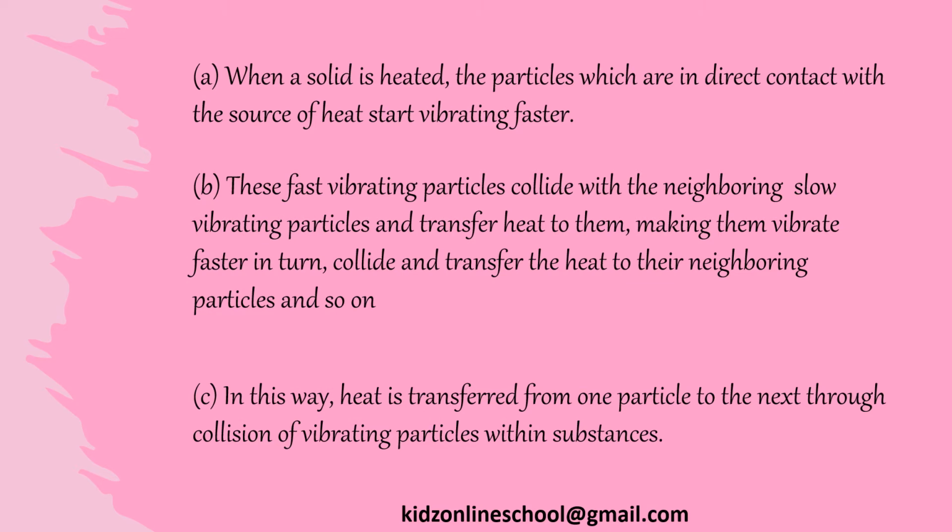These fast vibrating particles collide with the neighboring slow vibrating particles and transfer heat to them, making them vibrate faster. They, in turn, collide and transfer the heat to their neighboring particles and so on. In this way, heat is transferred from one particle to the next through collision of vibrating particles within substances.